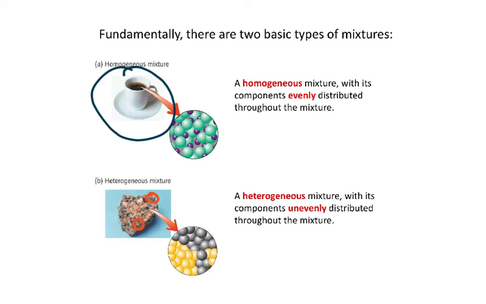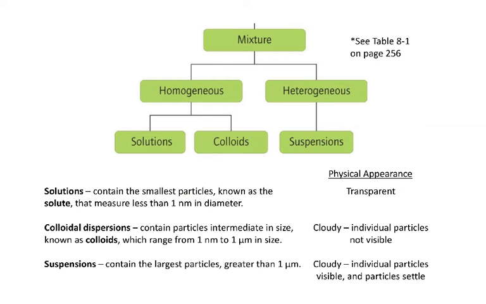Now there's a further distinction, and there can be two types of homogeneous mixtures, and that would be solutions and colloidal dispersions. These mixtures differ in the size of the minor component or the size of the parts, right?